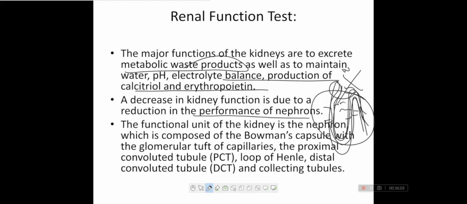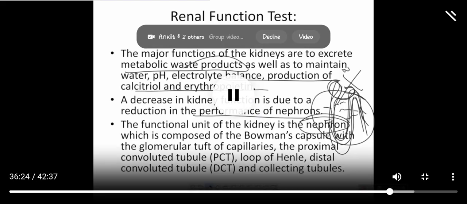The functional unit of the kidney is the nephron. Nephron is the functional unit of the kidney, which is composed of the Bowman capsule with the glomerular tuft of capillaries, right?